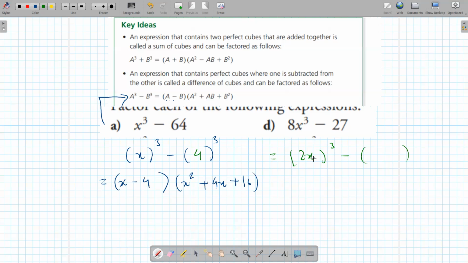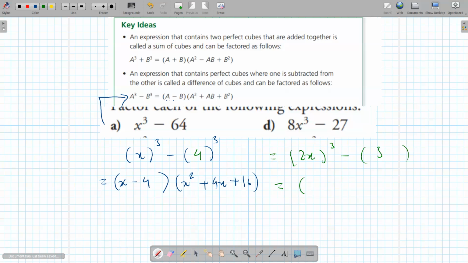Now the cube root of 27. It's 3. Yes. So now use the same formula.